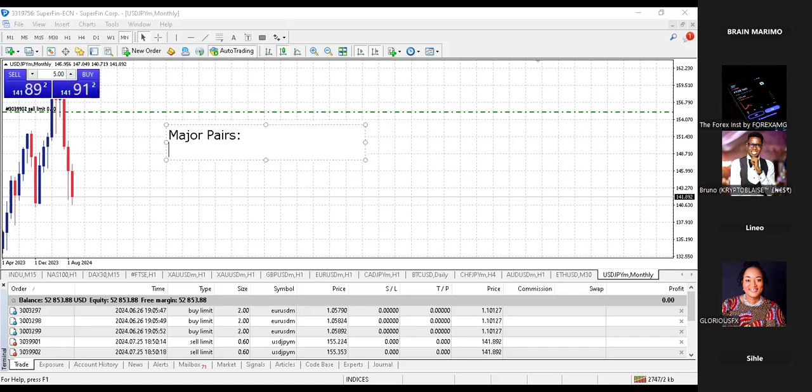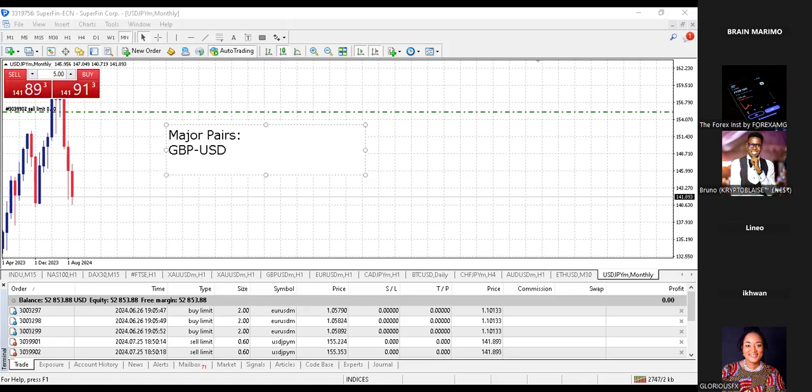Major pairs. I think GBP USD, Euro USD. Okay, let's just say GBP USD, but let me put it in full so that everybody understands. I had Euro USD. Yeah, USD JPY. Then GBP JPY?